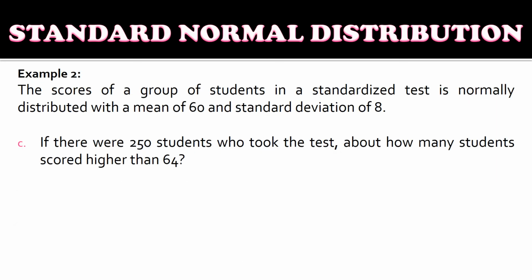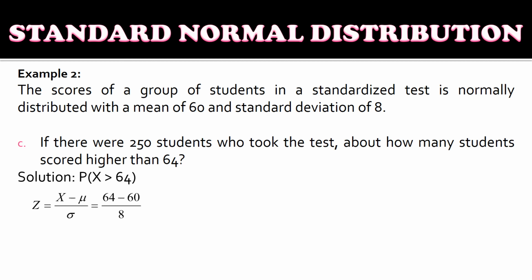Then for letter C, if there were 250 students who took the test, about how many students scored higher than 64? To write that, we have probability of x is greater than 64, because we're looking for higher than 64. Just use the formula z equals x minus mean divided by the standard deviation.